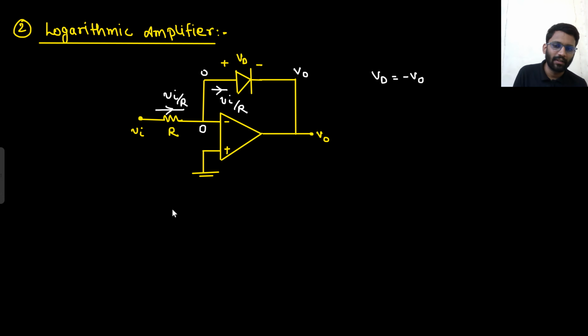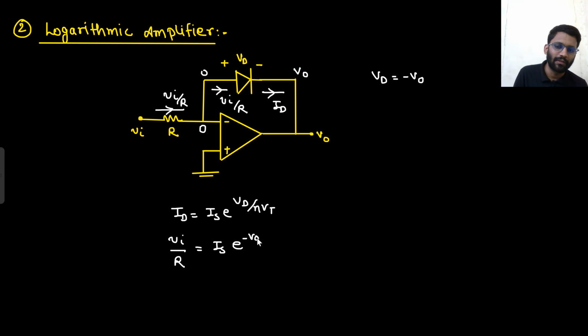Now what is the current flowing? What is the equation of diode current? That is Is into e to the power Vd upon eta Vt. Now tell me, what is your Id? Id is Vin by R. Say yes or no. Id is Vin by R, equal to Is into e to the power Vd upon eta Vt. What is Vd?